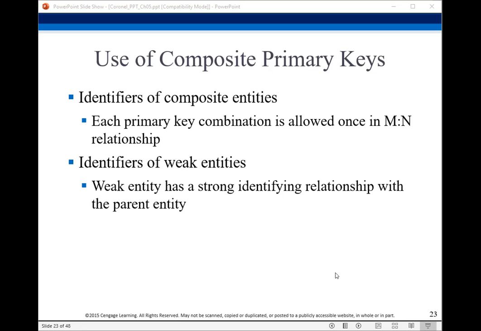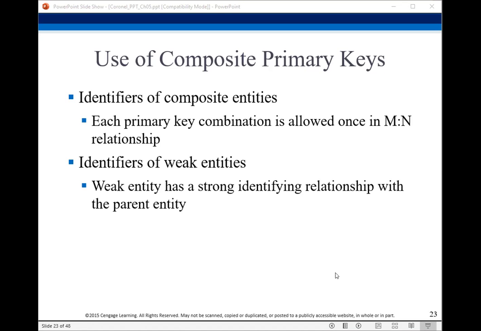And if you'll remember, when we put a many-to-many relationship into a relational database, we put in a composite entity that allows us to split the many-to-many into two different one-to-many relationships. And what we put into that composite table is the primary key from each of the tables in the many-to-many relationship.